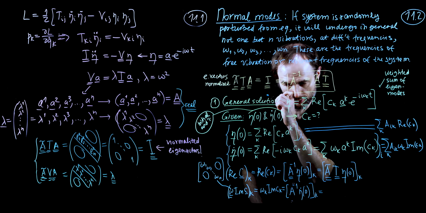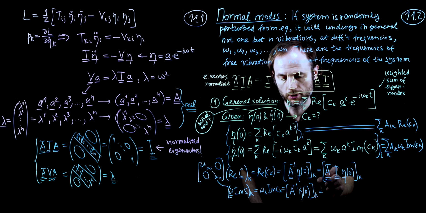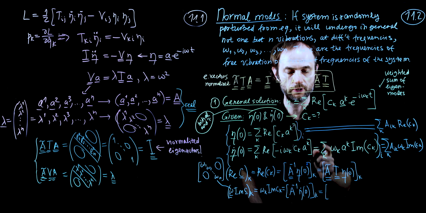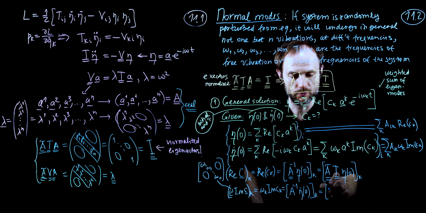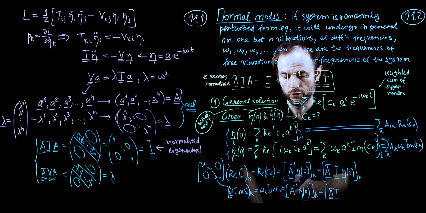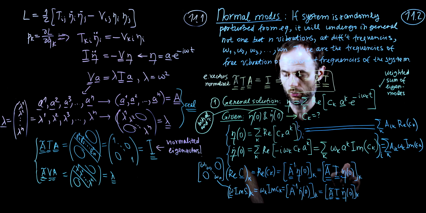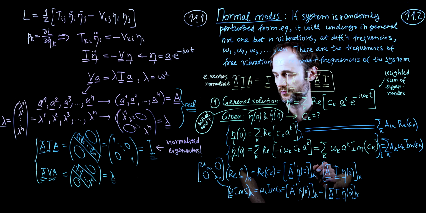Take the kth component, and using the same exact trick of replacing A to the minus first power with A tilde times T, we're going to get that this is A tilde times T times eta dot 0, all of it the kth component.